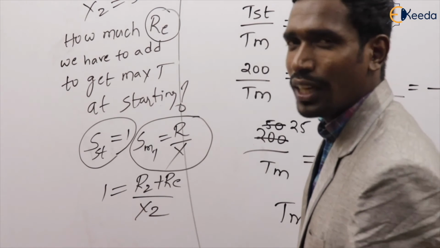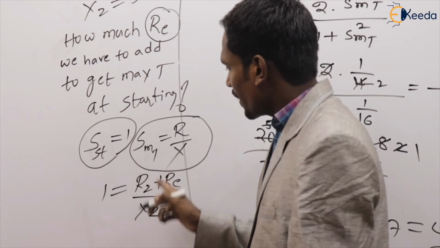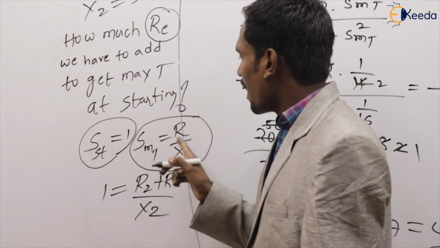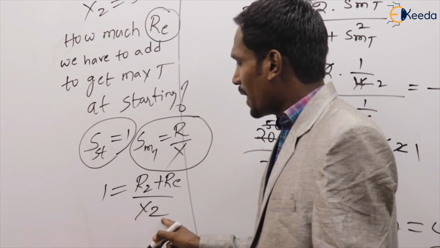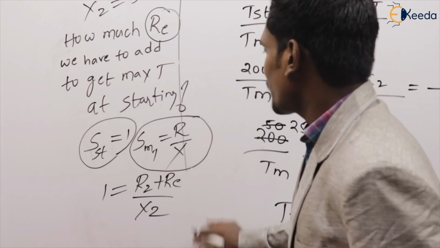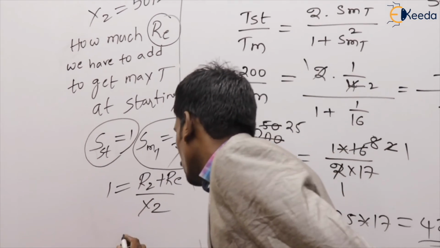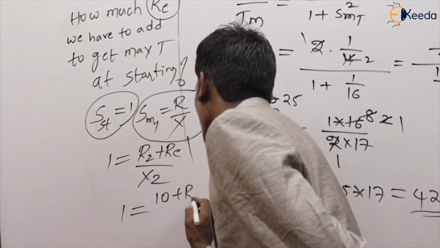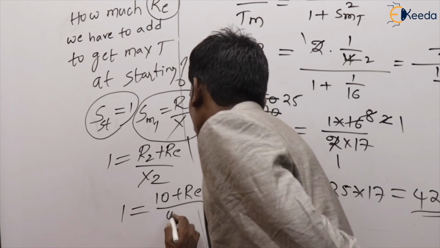What is the condition? The starting slip is equal to 1. The total R, R2 plus extra resistance, divided by X2 should be equal to 1. Tell me, what is the answer? 1 is equal to R2, which they gave, plus RE, divided by 40.